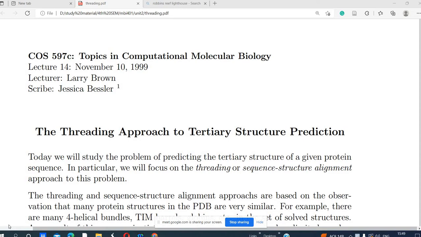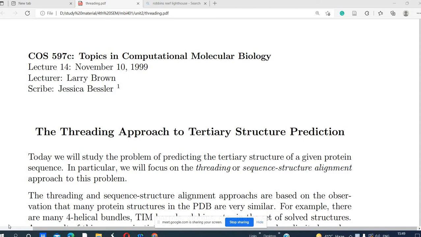Dear students, in the last class we discussed two methods: ab initio methods and homology modeling methods. Today we are going to study the threading method, which is used if the sequence identity is in the range of 15% to 25%, or below 30% identity.